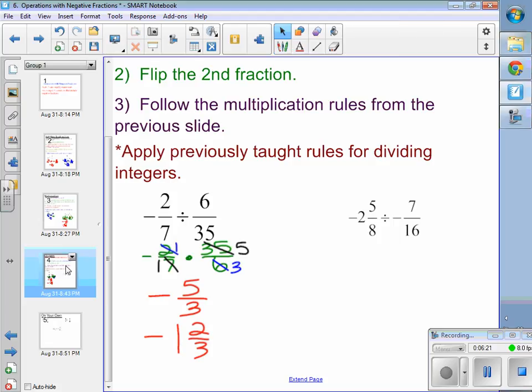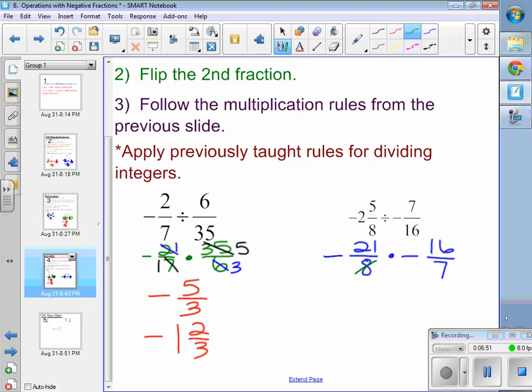All right, next one. -2 and 5/8, we have to make that improper, it becomes negative 21/8. And then I'm going to go ahead and flip this while I'm at it. Change division to multiplication. It's negative, and it's 16/7. So let's do our cross canceling.